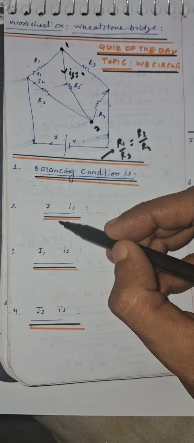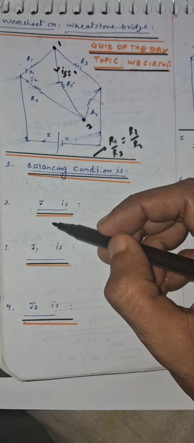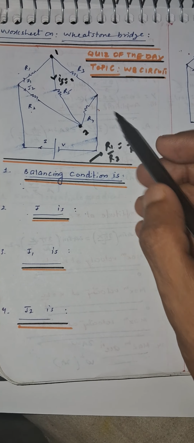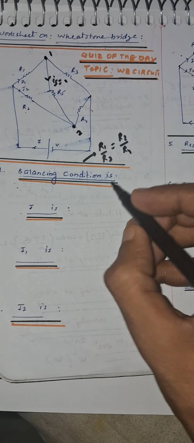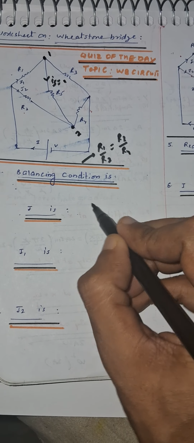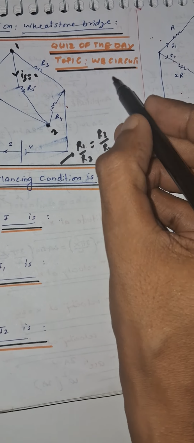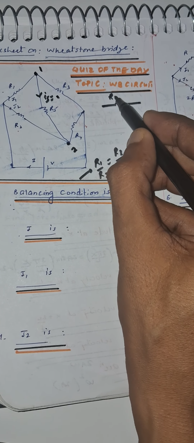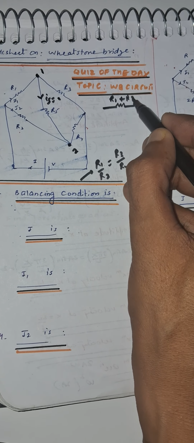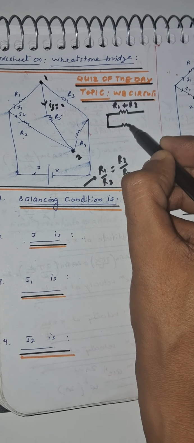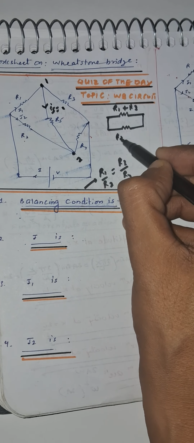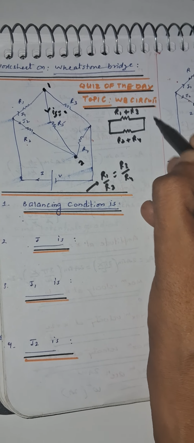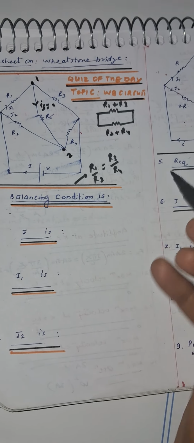Then in the next question, assuming that the bridge is balanced, we need to find the current. If the central resistor is of no use, we can see that this circuit can be redrawn as a combination where R1 and R3 are in series, R2 and R4 are in series, and together these two branches are in parallel.